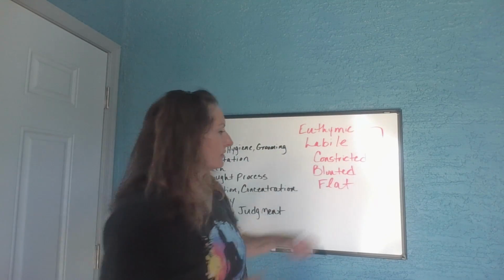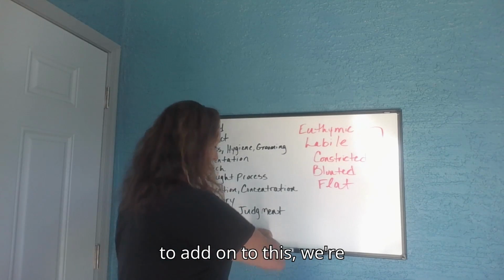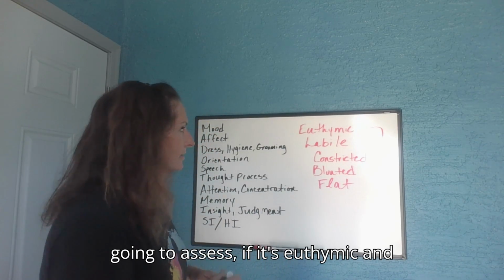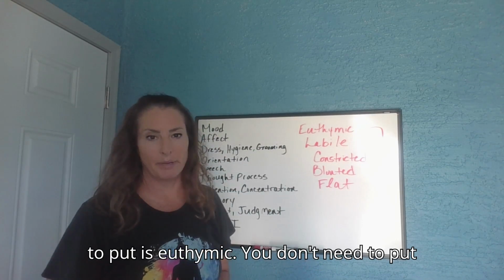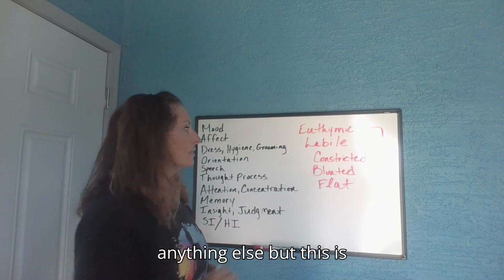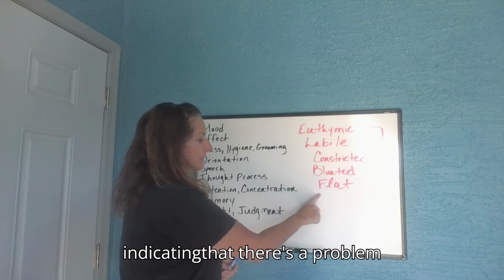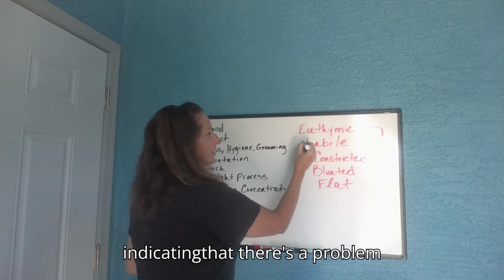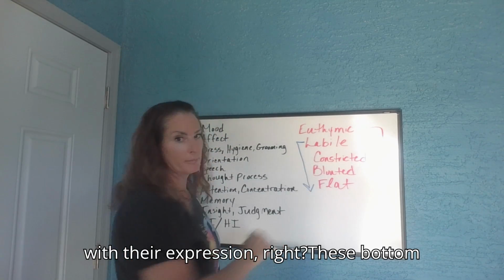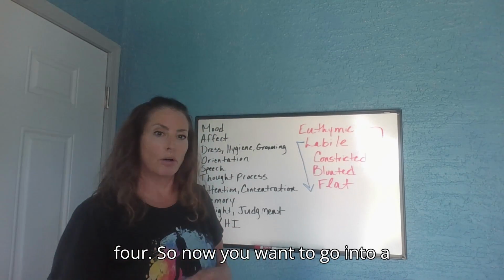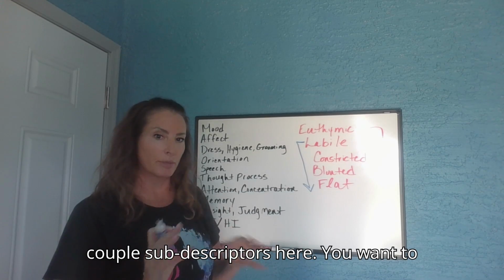To add on to this, we're going to assess if it's euthymic and everything's normal. That's all you need to put is euthymic. You don't need to put anything else. But these bottom four indicate that there's a problem with their expression, right? So now you want to go into a couple of sub-descriptors.